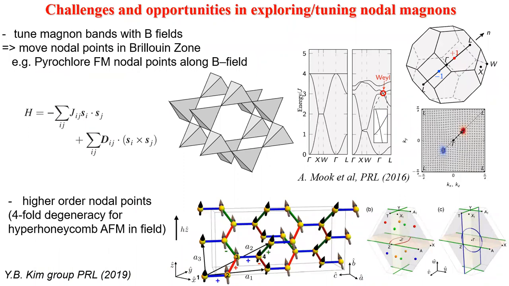Here for the hyper honeycomb, or sublattice problem, some of these nodal lines are connected by time reversal times the glide. Okay, but maybe theorists in the audience could comment on this. That's my limited understanding of this aspect. Hey, Yankee, are you happy with the statement I made?